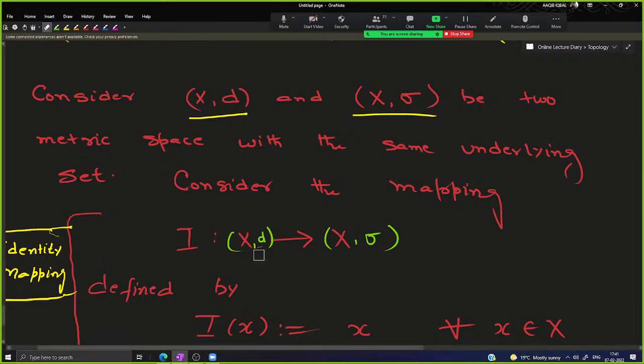That means domain space में जो मेरी metric है it is d, whereas the metric in the codomain space it is sigma.